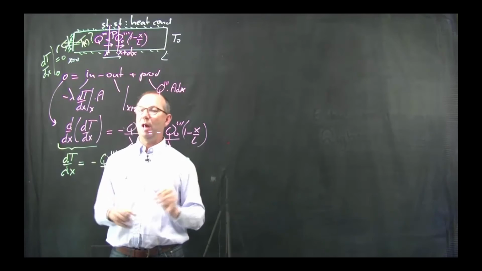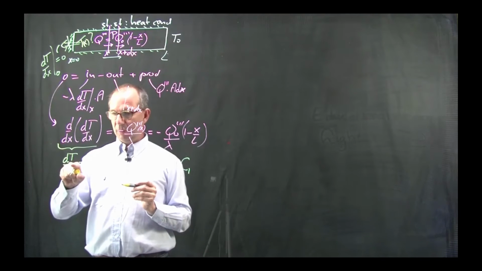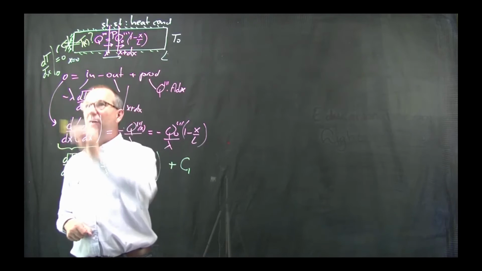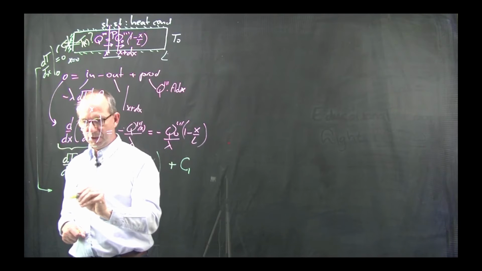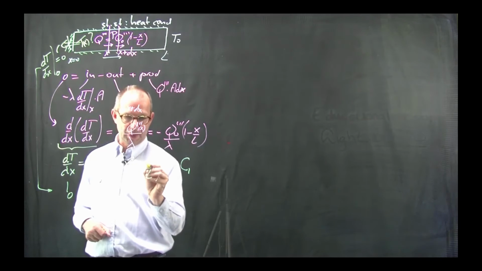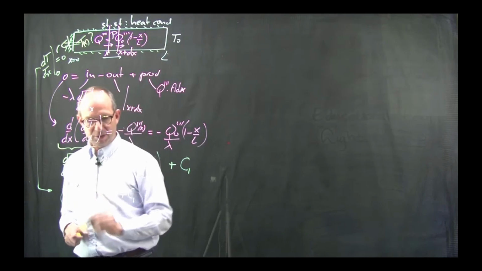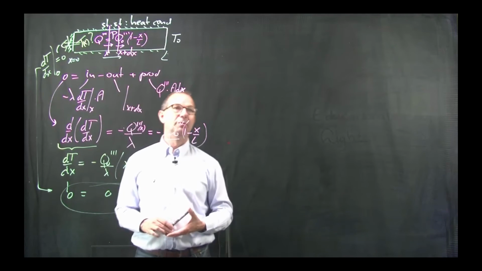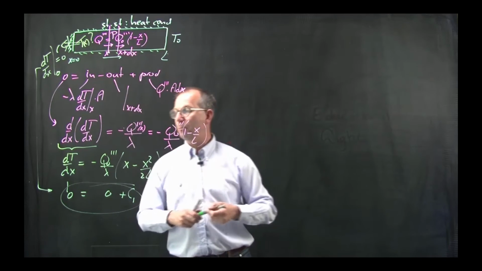Now nothing can flow in or out. Oh, but if I use that at x equals 0, this is a 0, so this boundary condition goes in immediately here. 0 equals 0 minus 0, so this term is 0 plus C1. Ha, big deal. C1 is 0. That simplifies life, because now I only need to integrate this part.